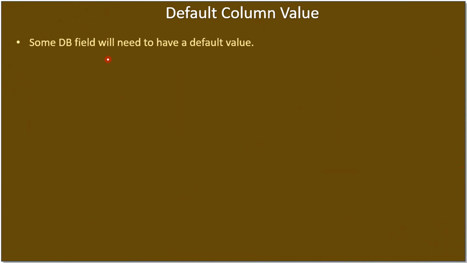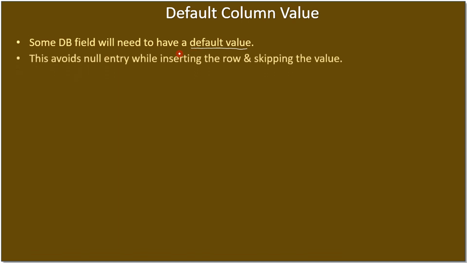Some DB fields will need to have a default value. As already seen in the screenshot, for experience we can set the default as 0. This avoids a null entry while inserting the row.